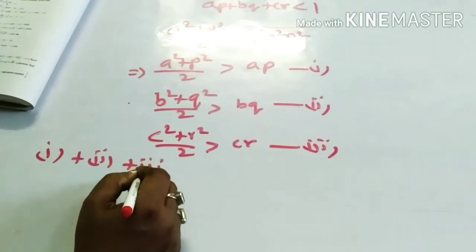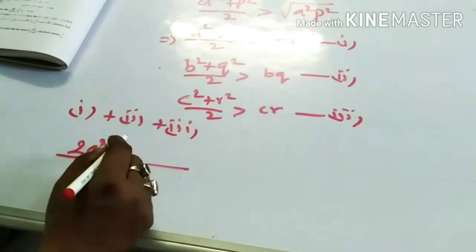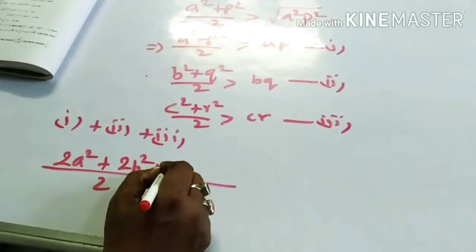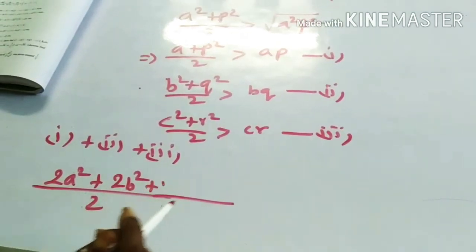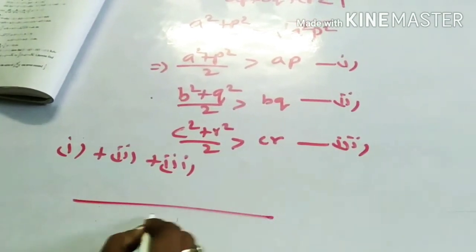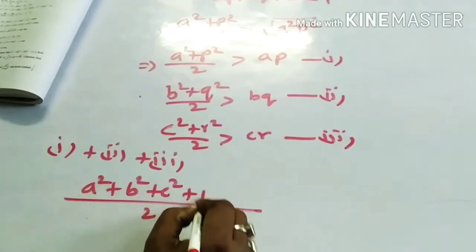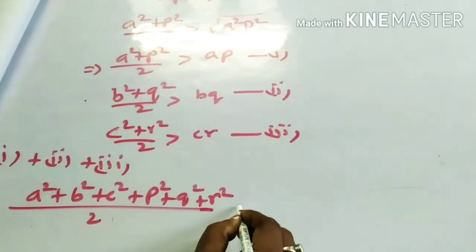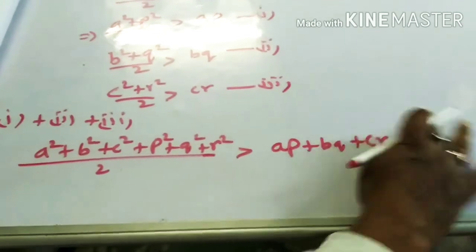So when I add, the LCM is 2, so A square plus B square plus C square plus P square plus Q square plus R square, by 2, is greater than AP plus BQ plus CR.